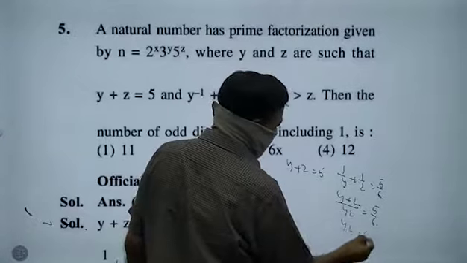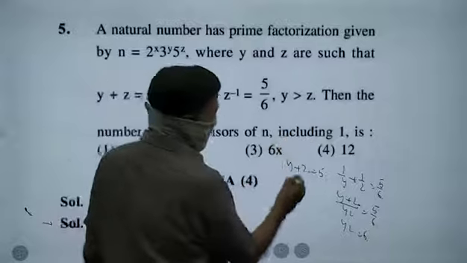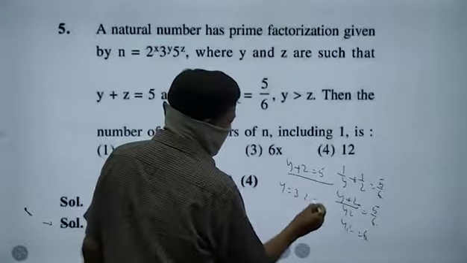So yz is what? 6. y greater than z. So y is equal to 3, z is equal to 2.